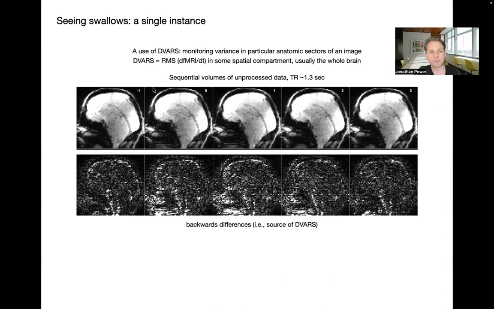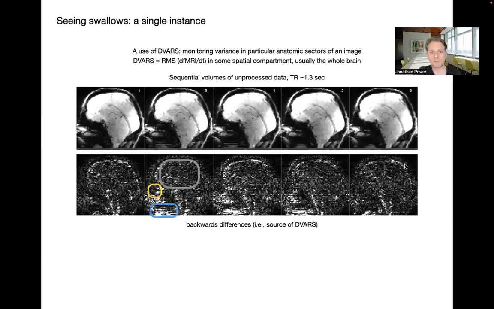And then if you choose some type of anatomic compartment, for example, the whole brain, you can compute the RMS within that, which is just squaring all the values to make them positive, adding them up, and then taking the square root, which is then going to give you a single value to express all the change that was happening within that sector. So rather than looking at the brain this time, though, I'm going to look at sectors of an image like a mouth. And you could also do this with the eye, or you could do it with the brain in the typical way.